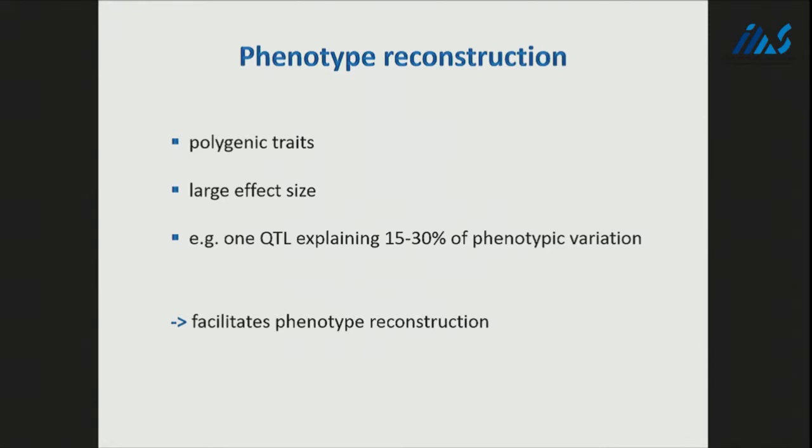But also in animals, phenotypes are usually polygenic and, even worse, multifactorial with a lot of environmental factors. But in domestic animals, fortunately, we usually have a very large effect size. For instance, just one QTL can explain between 15 to 30% of the phenotypic variation. This is wonderful. This is something we would dream of in human genetics. So this definitely facilitates the phenotype reconstruction.